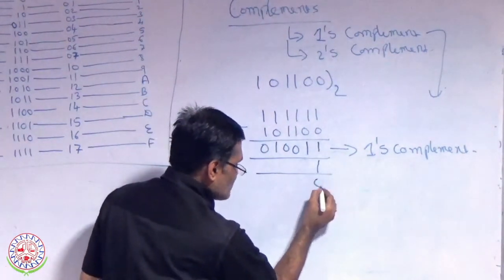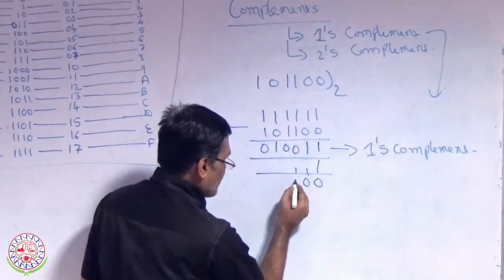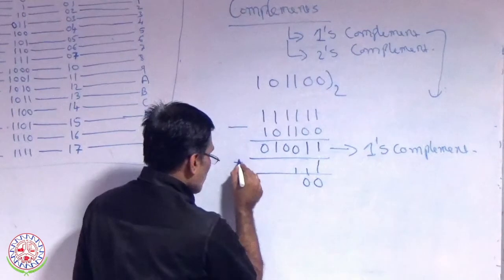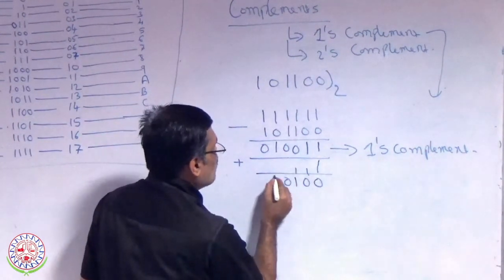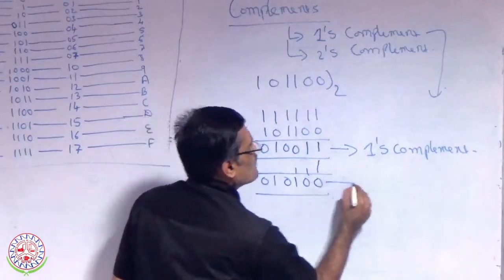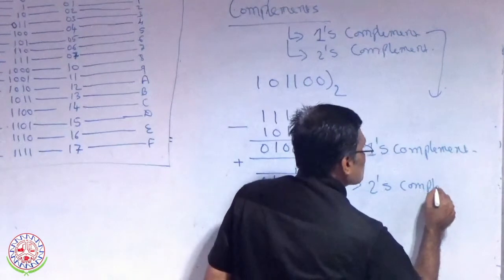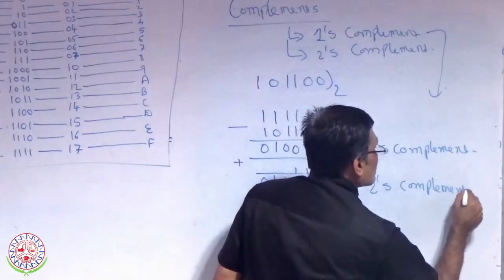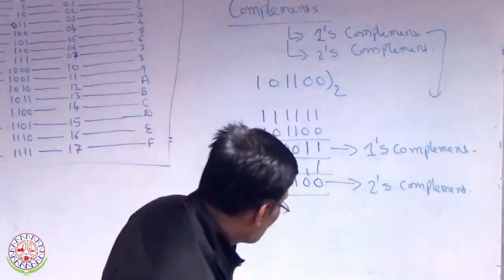So 1 plus 1 is 0. Again 0, carry is 1. You have to add 1. 1 0 1 0. So this is your twos complement of the given number. Okay.